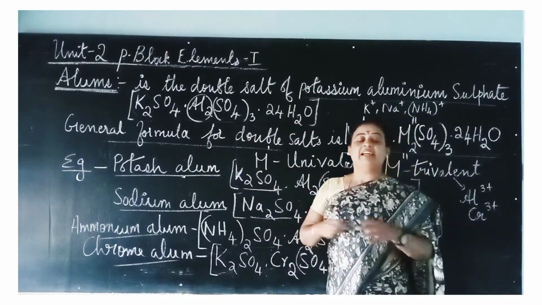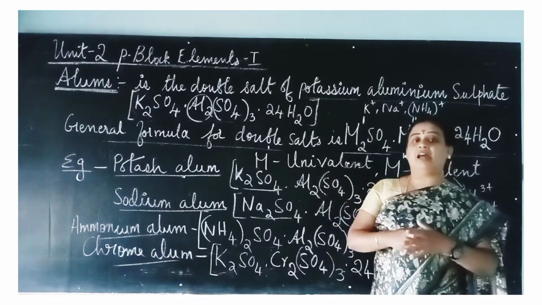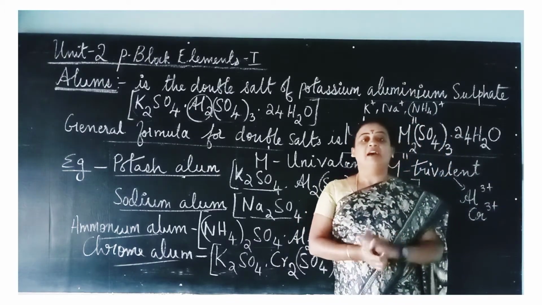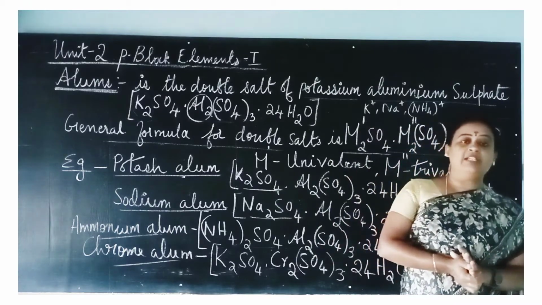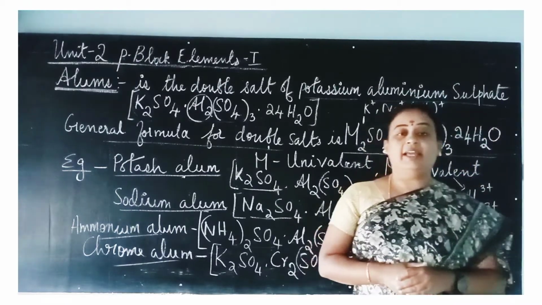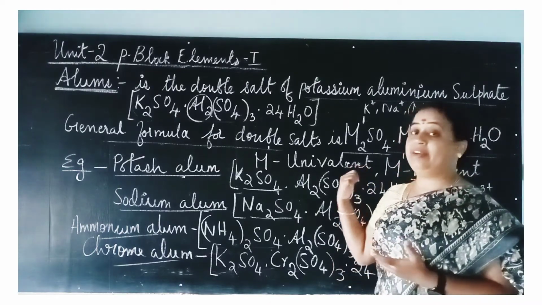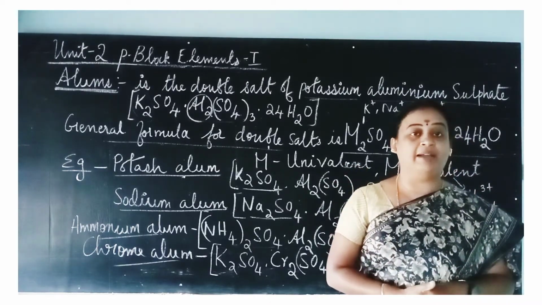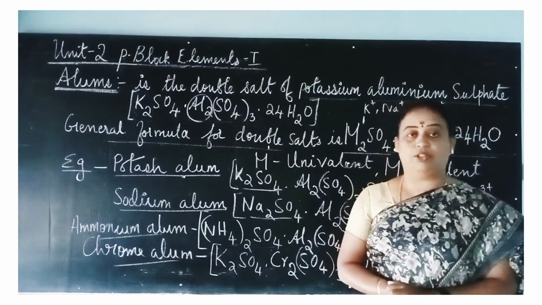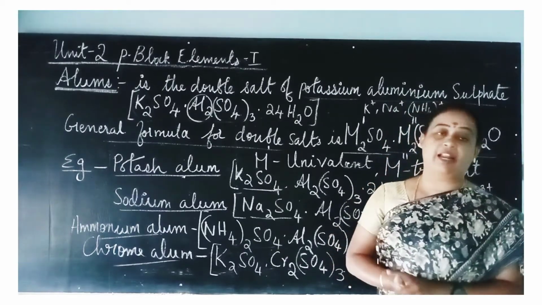Like this, the constituent ions are formed inside the alum solution. So once alum is mixed with water, the solution will have the properties of the constituent ions but not the properties of the alum stick or alum stone.